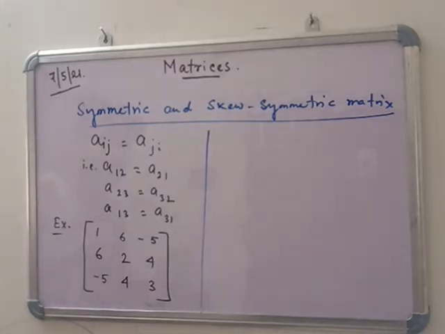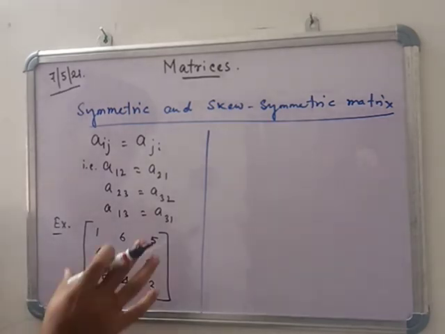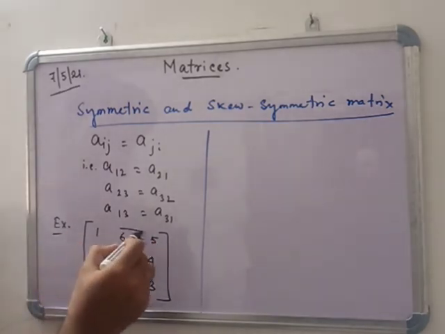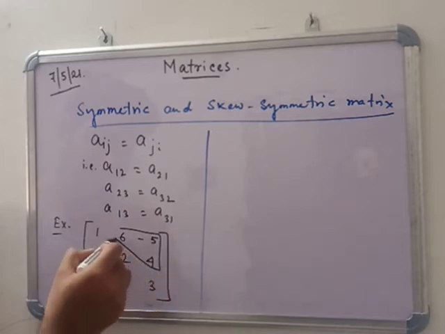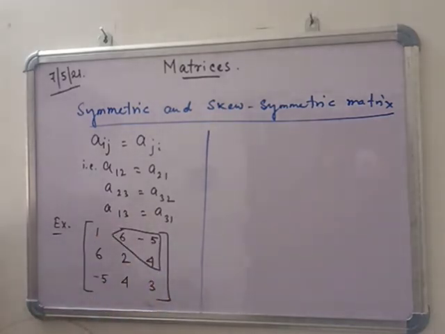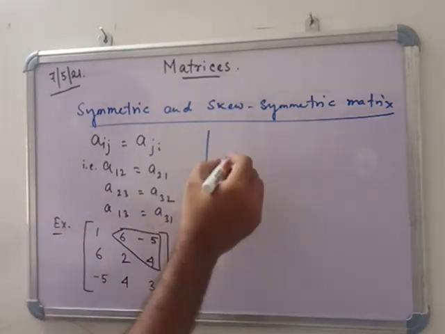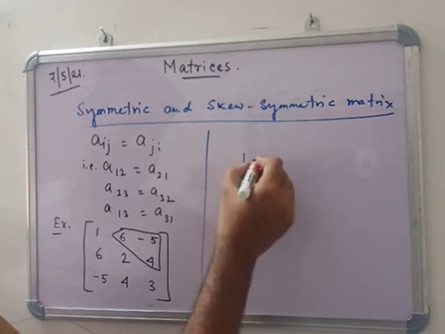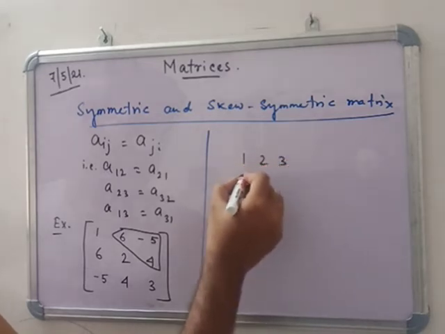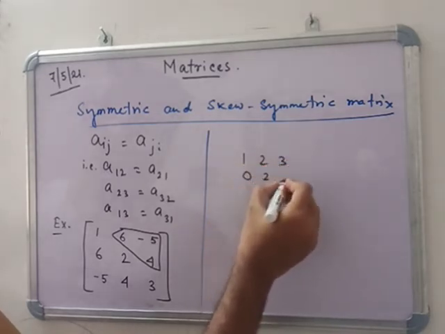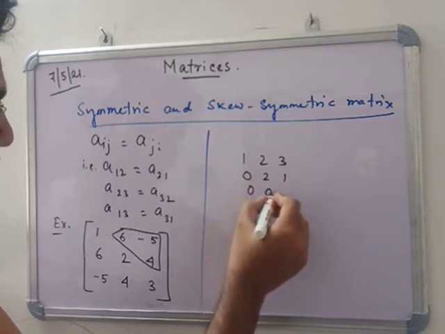Now, one more thing I am telling: upper triangular matrix and lower triangular matrix. What is an upper triangular matrix? When the upper portion has the numbers and the lower portion is 0. For example, 1, 2, 3, 0, 2, 1, 0, 0, 4.